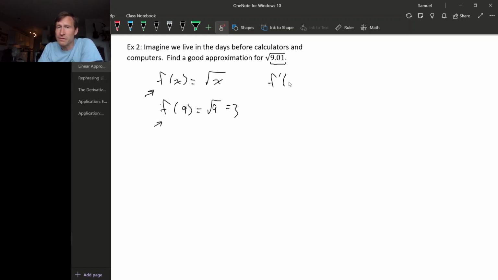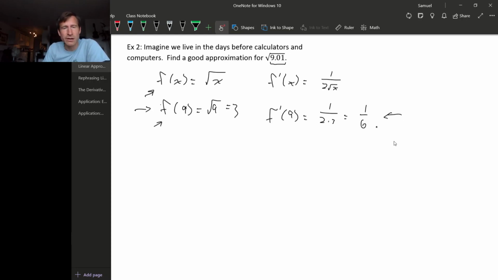Also, the derivative of this function we can work out. It's 1 over 2 root x. We can evaluate that exactly at 9. So we get 1 over 2 times square root of 9, which is 3, so that's 1 over 6. This is enough information to write down the linear approximation near 9.